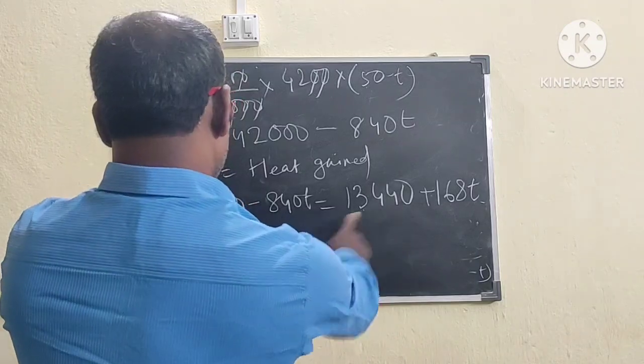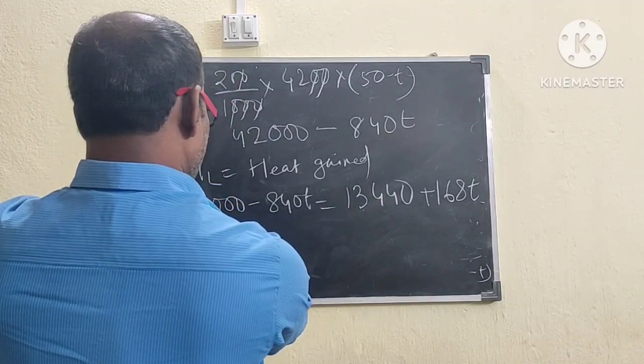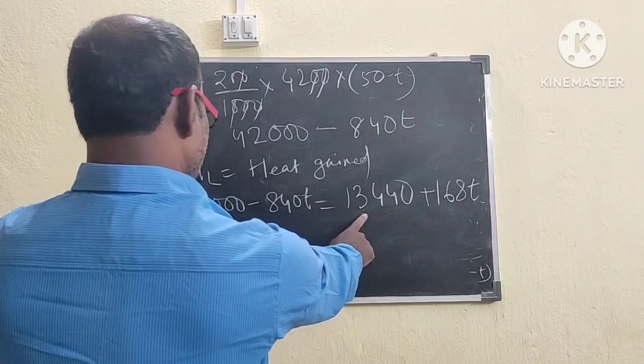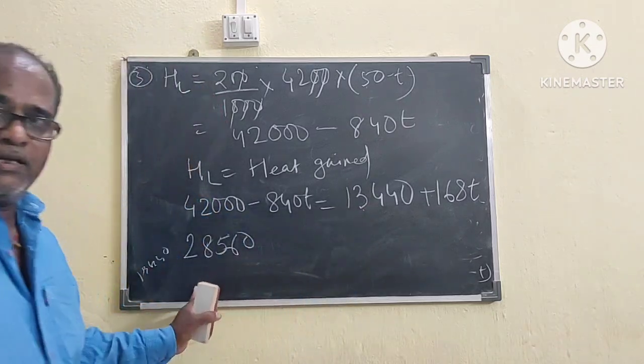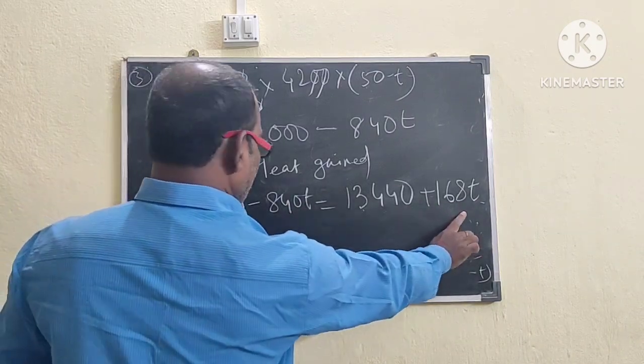So we are getting this. Okay. Now this is equals to minus 840. If you come also here, it becomes plus.